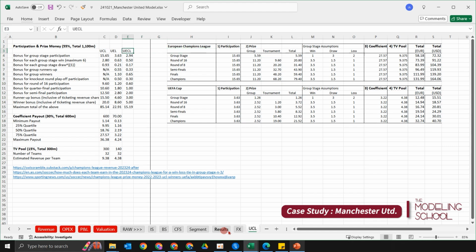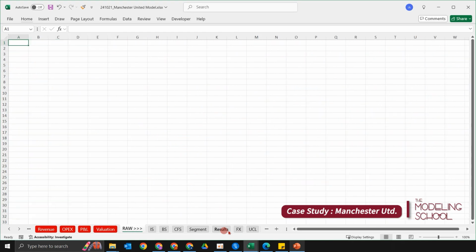And this seems to be directly related to the broadcasting revenue. So depending on the performance of your football club, it decides how much revenue the company can recognize. So we've tried to make a dynamic model to pull up all of these numbers. I remember using INDEX MATCH and VLOOKUP functions to make a dynamic model depending on the expected rankings of this football club.